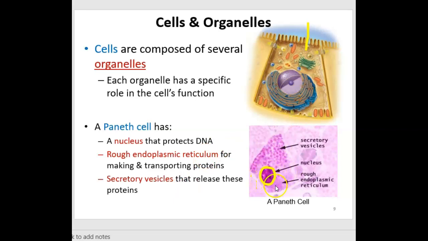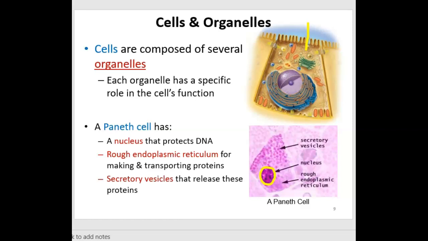That's where DNA is found, our hereditary information. And then these little structures, these little balls inside the cytoplasm, are called secretory vesicles. And they will help the cell release a material, some kind of compound that the body needs elsewhere. So those are secretory vesicles.